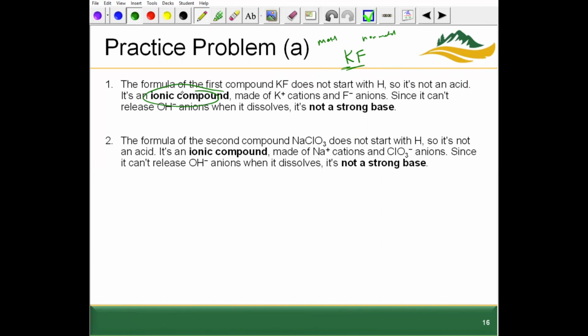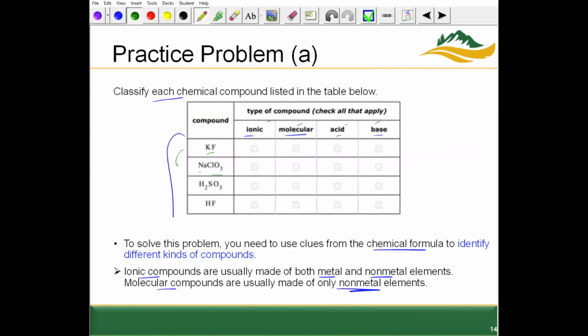Is this an acid? Well, does it contain H or OH minus that could potentially dissociate from this molecule? No, right? It doesn't contain H or OH, so this is neither a base nor an acid. Okay, so it's definitely ionic, and that's all we would check off here.